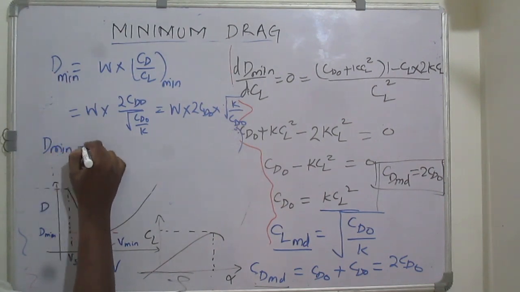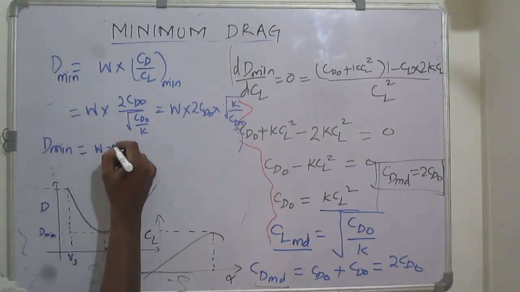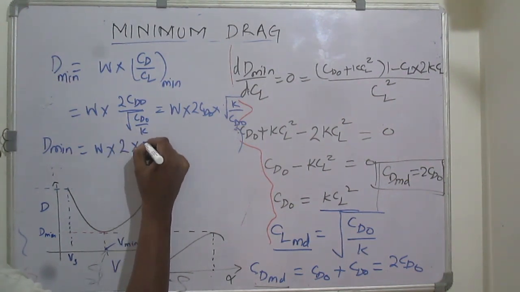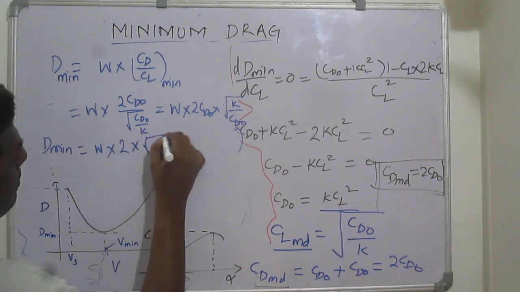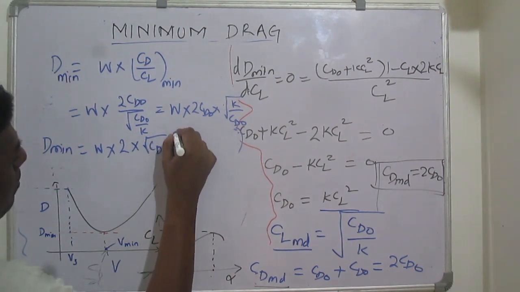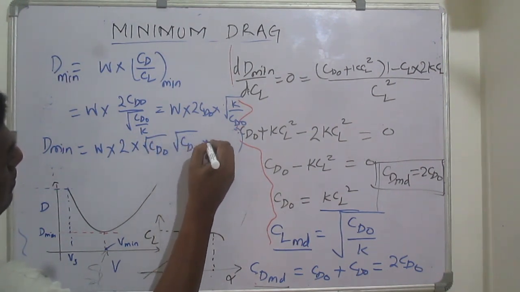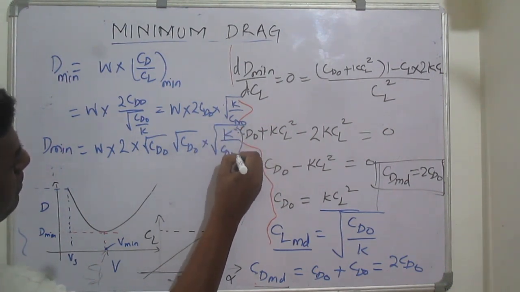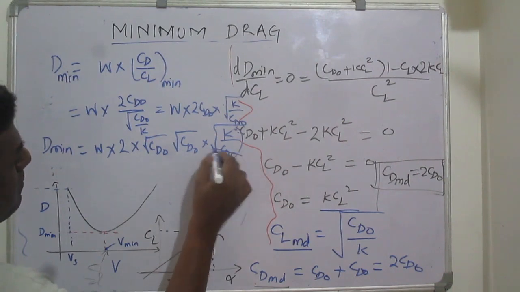Drag minimum equal to W into 2 CD naught. The 2 will be there, and then CD naught into the square root of K by CD naught. So one CD naught will be cancelled out.